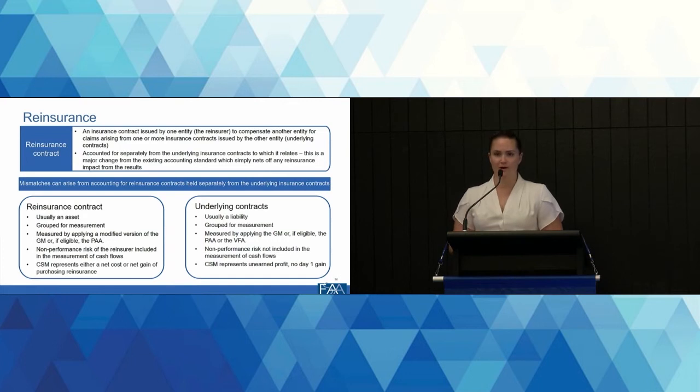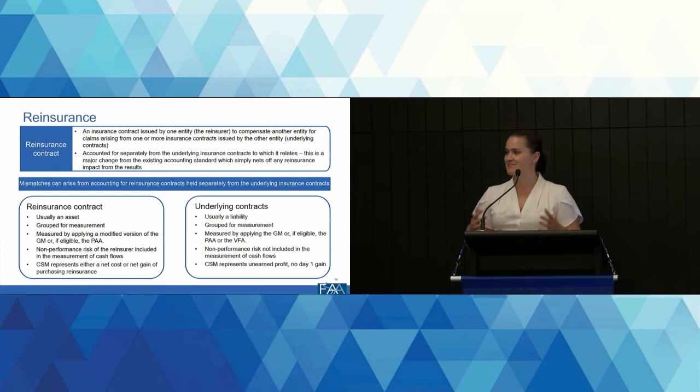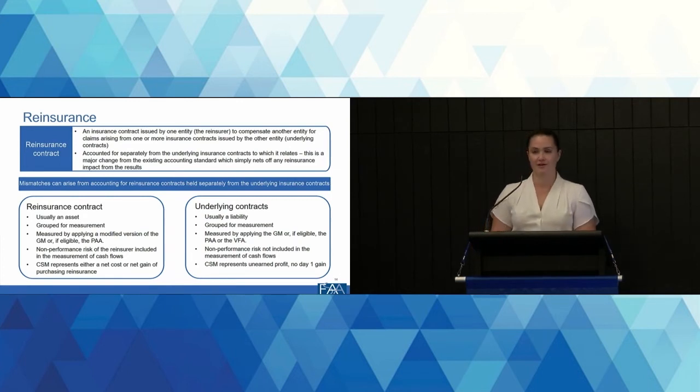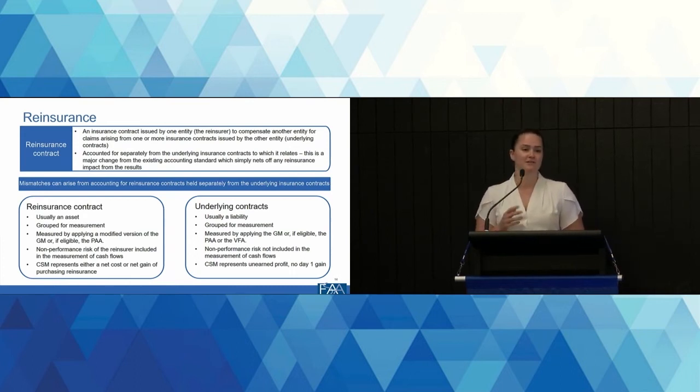So it's quite easy to see how complicated that could get. It requires you to continue to link the underlying contract to the reinsurance contract throughout, and there's a high potential for accounting mismatches to arise. A simple example of this might be a multi-year reinsurance contract, which could get measured under your general model approach, relating to, for example, an underlying book of motor insurance policies, which would be measured under your premium allocation approach method.